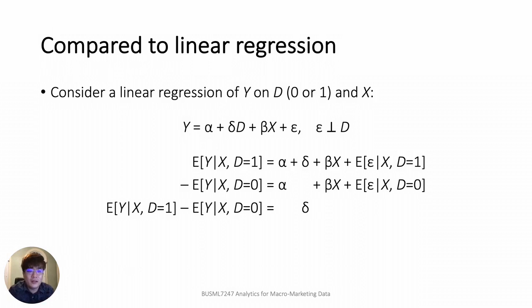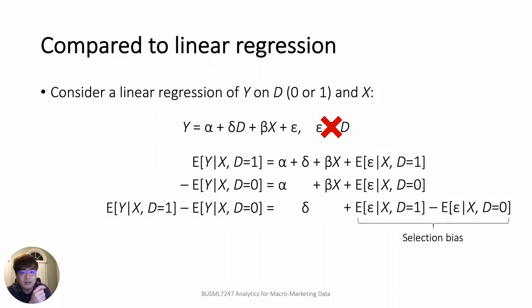Then, we already learned that the coefficient of d, delta, becomes the estimate of the treatment effect. But the estimate is unbiased only if the error is independent of the assignment. If the independence does not hold, the estimate of delta is biased because of the selection bias.